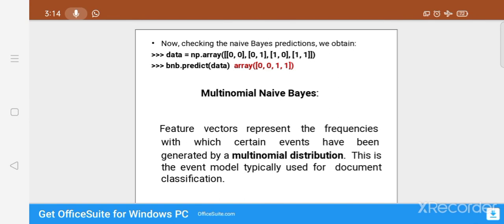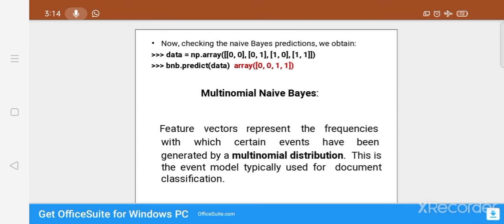Now multinomial Naive Bayes. For multinomial Naive Bayes we require a discrete dataset, or a discrete distribution, which is useful to find the frequency of a particular term in the whole dataset. Feature vectors represent the frequency with which certain events have been generated by a multinomial distribution.